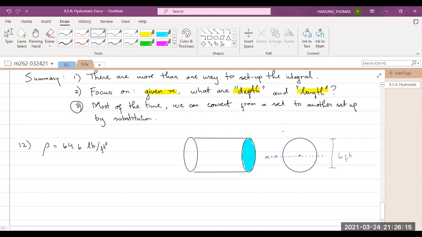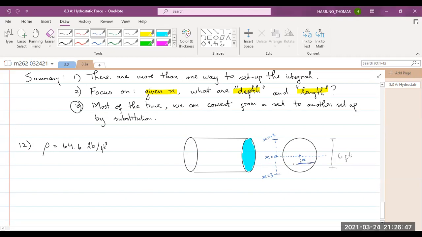Now, you can go up, you can go down, either way, you will see that our x will be from -3 to +3. Is it okay?